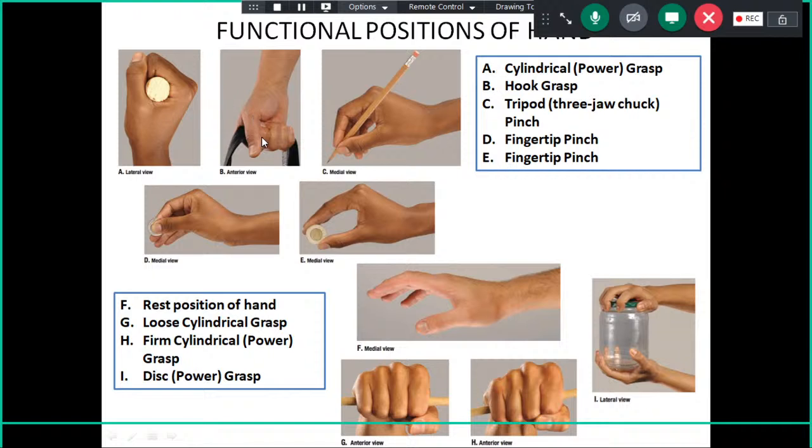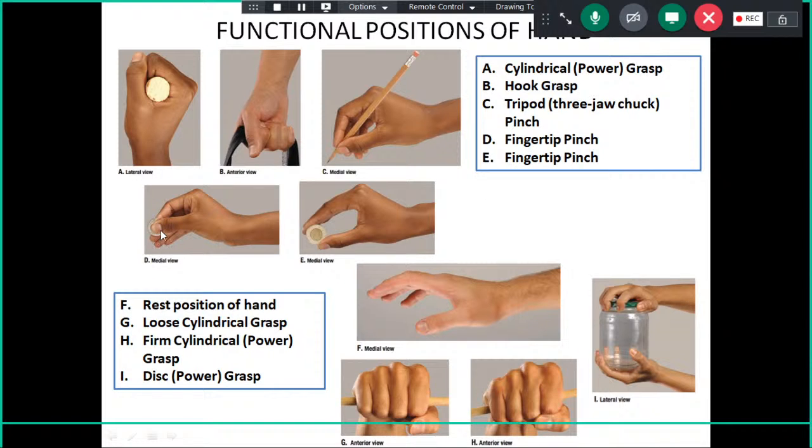You have the hook grasp, wherein you are holding a bag. There is extension at the fingers and wrist joint extension.